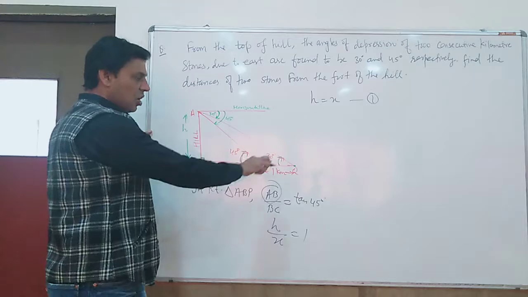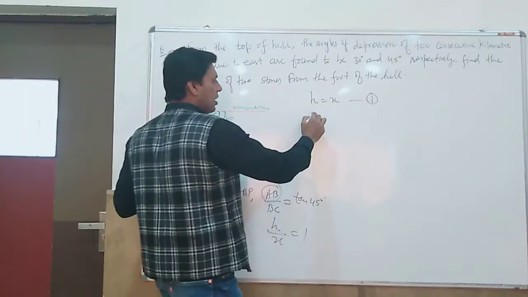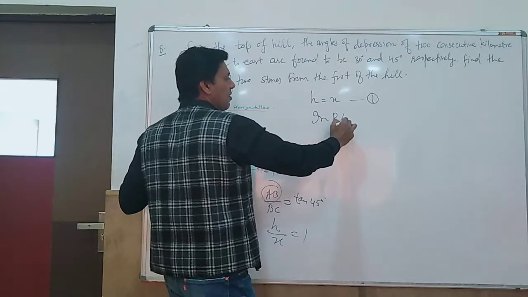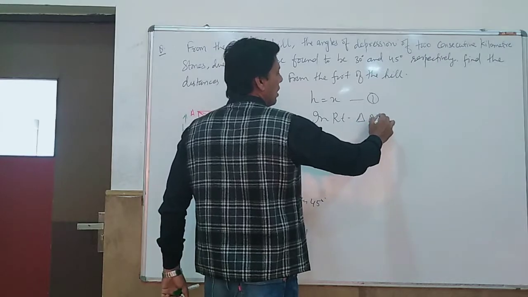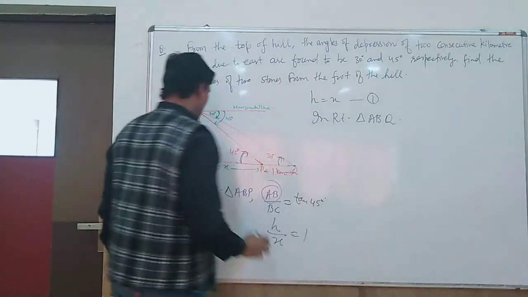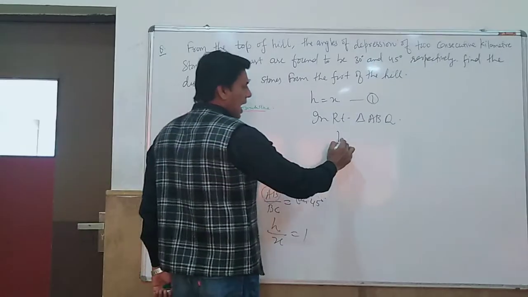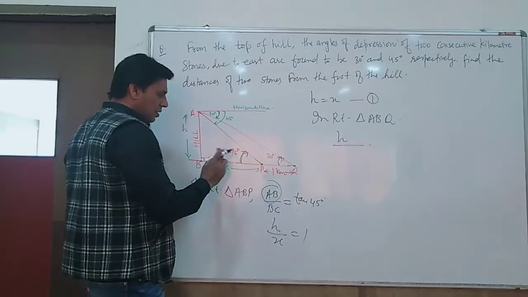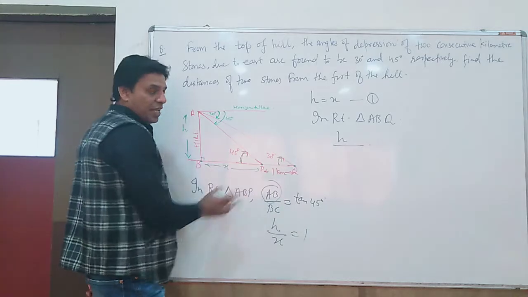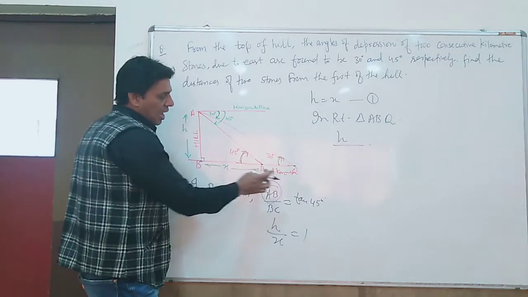Now you will take the whole triangle ABQ. In right triangle ABQ, the perpendicular is H, and the whole distance BQ will be X plus 1.